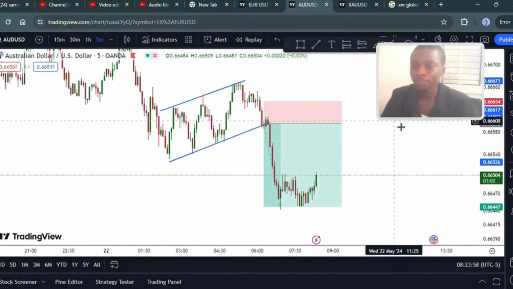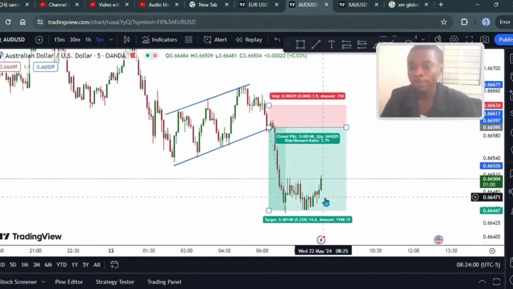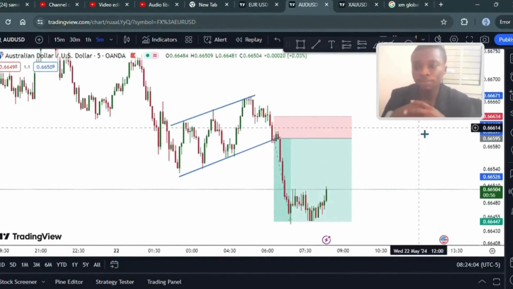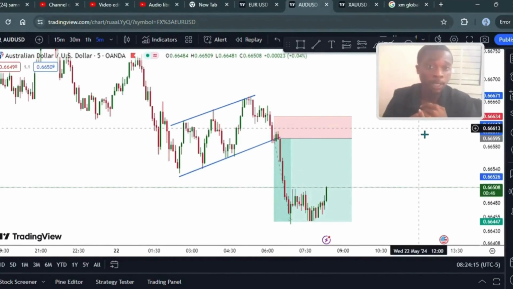You can see now the market is just trying to reverse back. This is how you can scalp your little sum of capital into a huge sum of capital. The ability for you to spot first the uptrend and downtrend market, and secondly, identify support and resistance, can help you become a profitable forex trader.